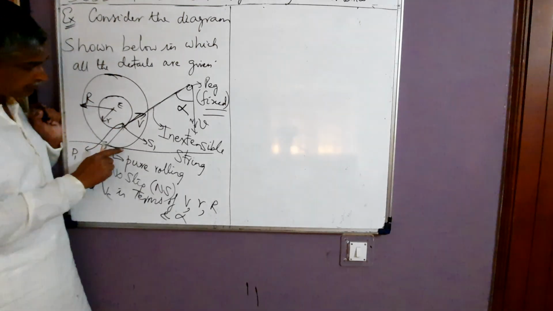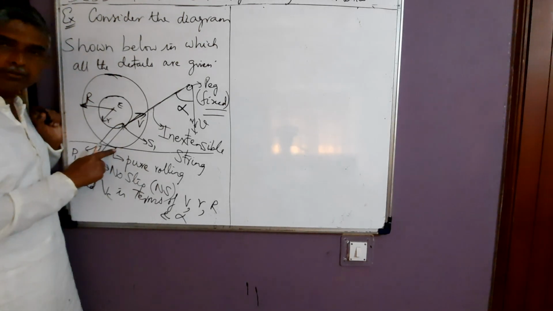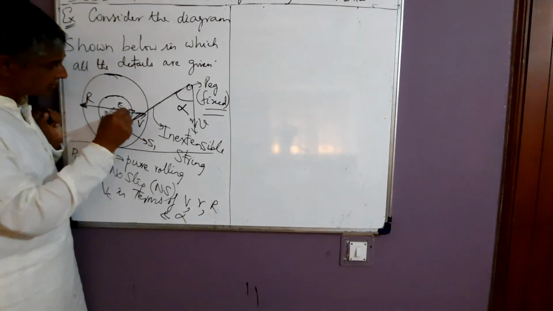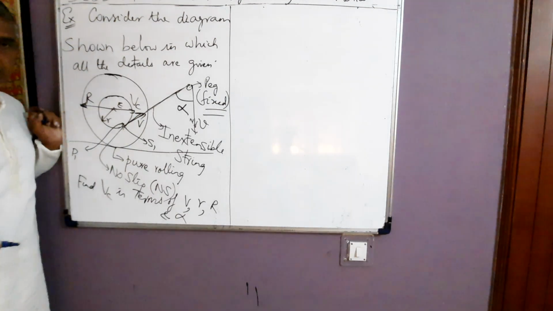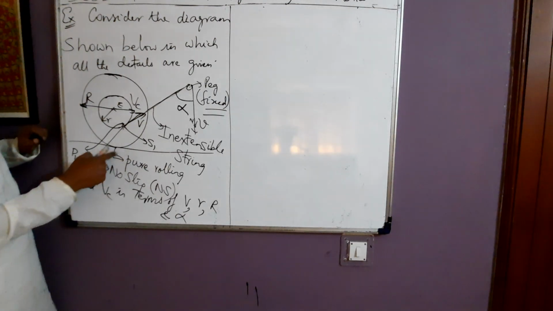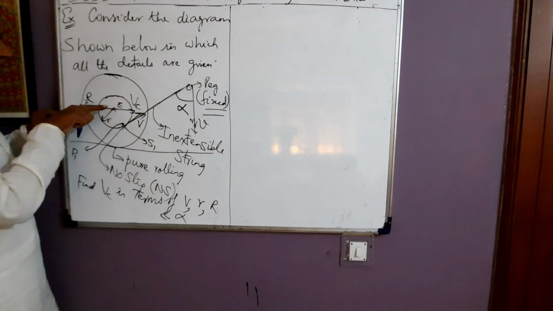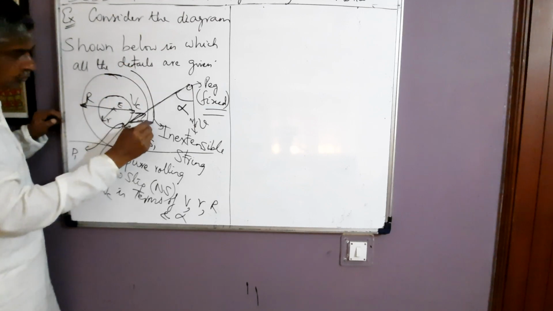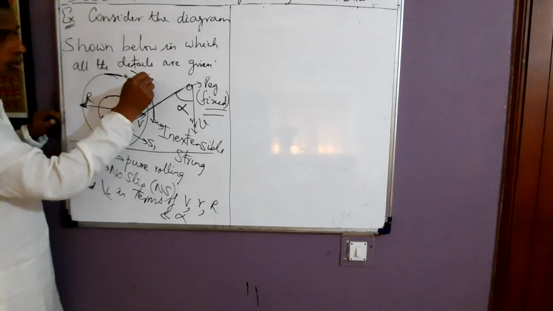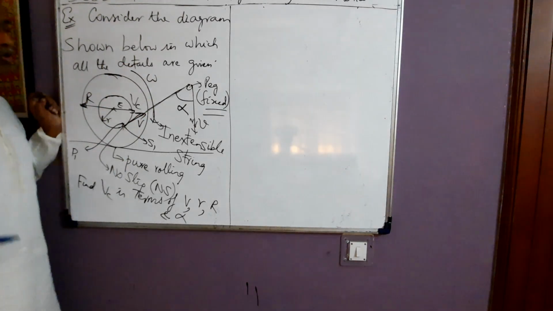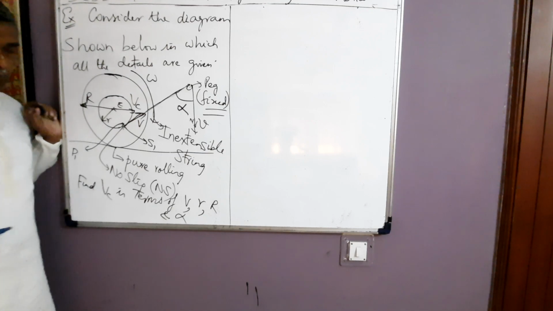Then only no slip and pure rolling can take place here. So center C should move rightward at a speed VC. Also pure rolling is taking place on a fixed surface. Center is moving rightward, so for pure rolling, this drum should rotate in a clockwise sense with a certain angular velocity omega, say.